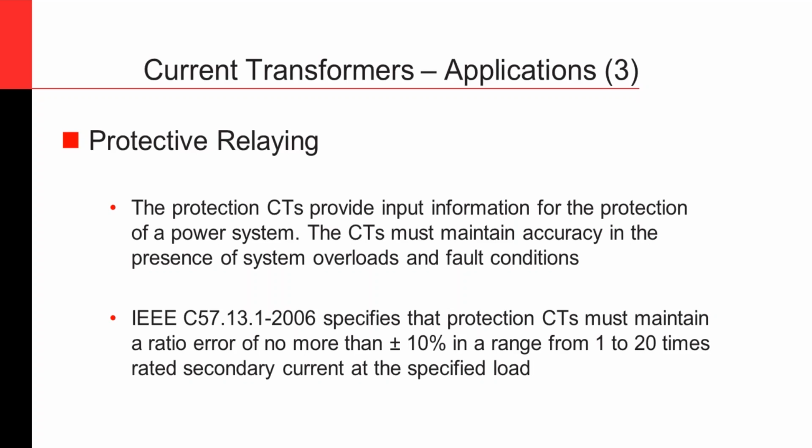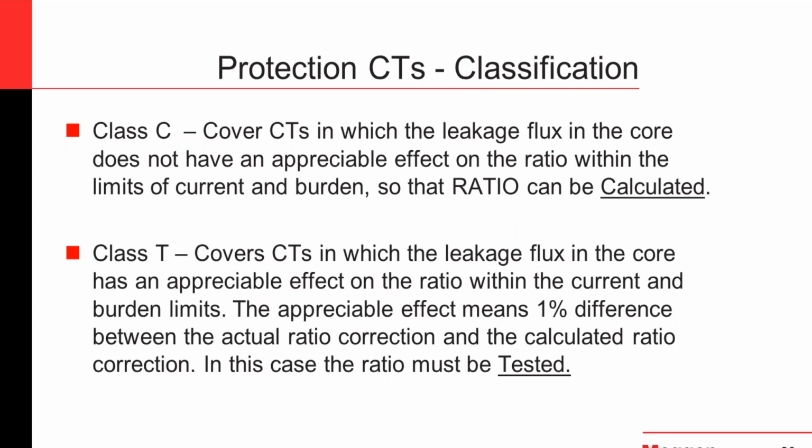So your protection type CT should be able to withstand that much current, and also translate the primary current as accurately as possible within that 5 to 15 times value during transformer charging. So that's one of the reasons why IEEE C57.13.1 says the response of the CT should be within 10% for the range of 1 to 20 times the rated current.